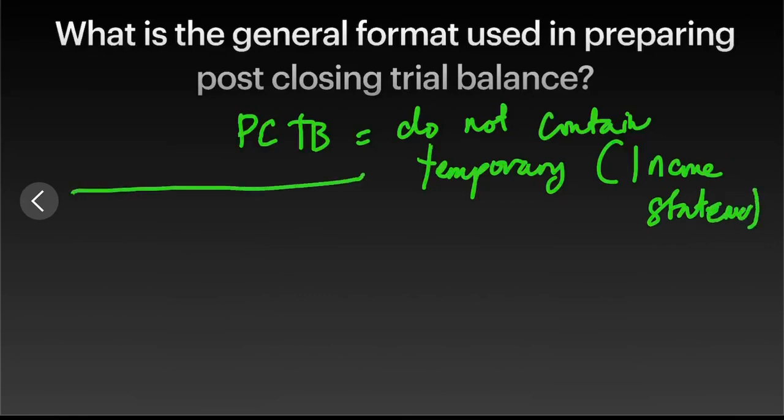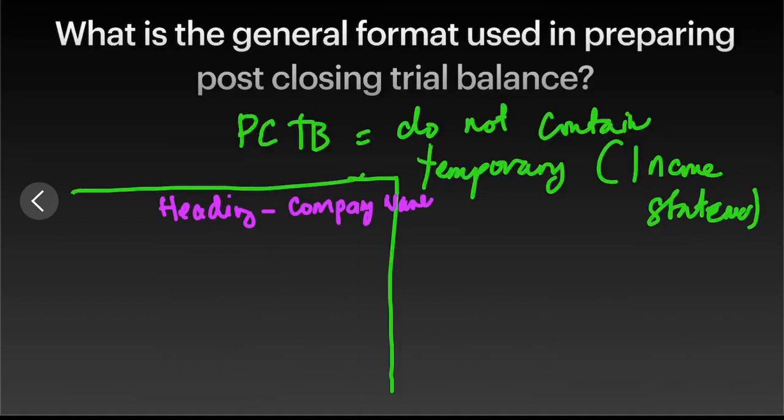What is the general format of the preparation of your post-closing trial balance? So of course you have your heading here. In your heading, you have your company name, the title of the report, which is post-closing trial balance, and of course the date.